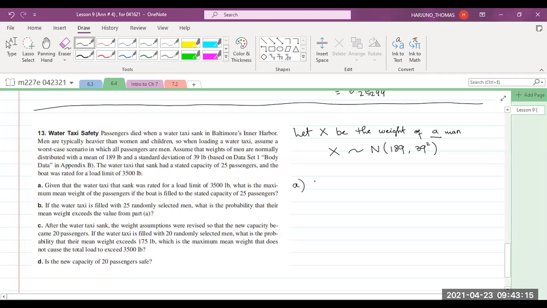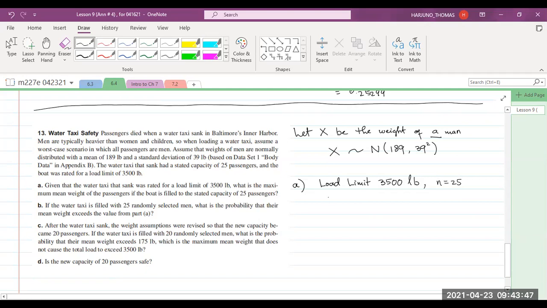So the load limit is 3,500 pounds, and the number of passengers is assumed to be 25, the maximum stated capacity.